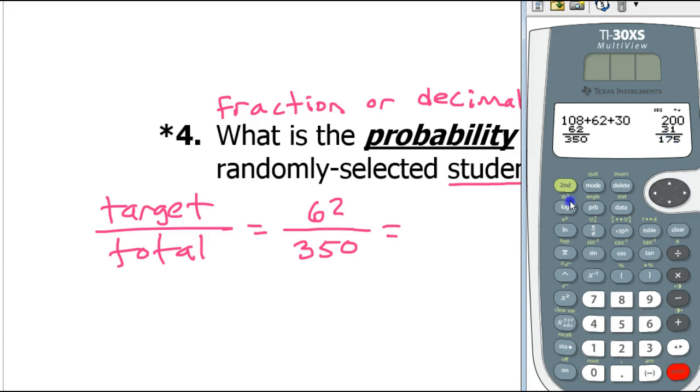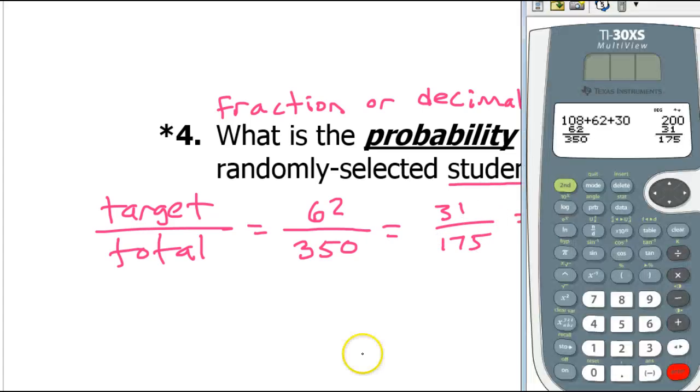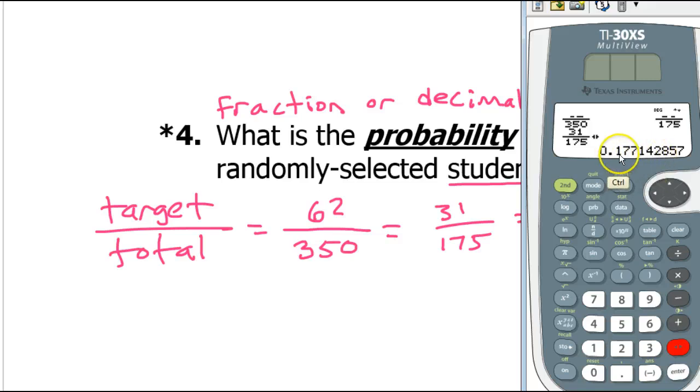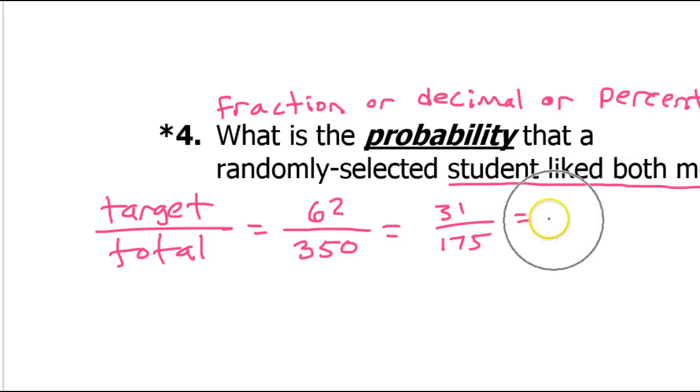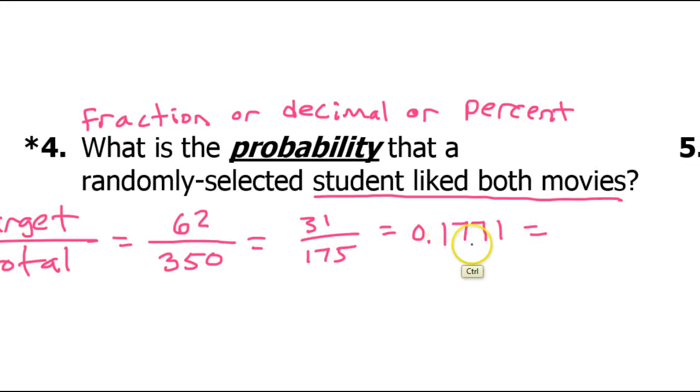Okay, so that's 31 over 175. Now as a decimal, all right, I'm going to have to round this a little bit, but this would be 0.1771, which as a percent, this would be 17.71% approximately.